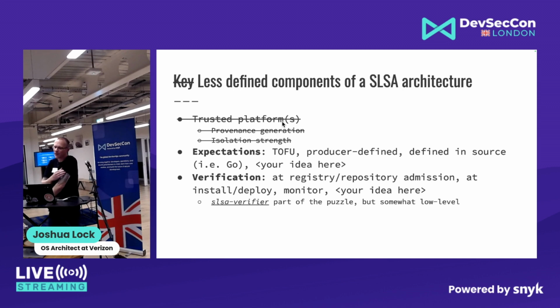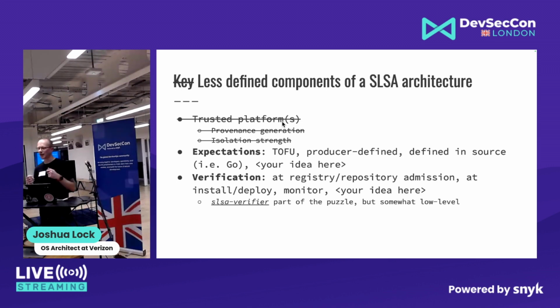You could do a trust on first use model where you detect changes in the way the packages are built and trigger some action based on those changes. So if you suddenly start building packages from a different repository than you expect, then you can detect that drift by monitoring the metadata and take some remediation action.